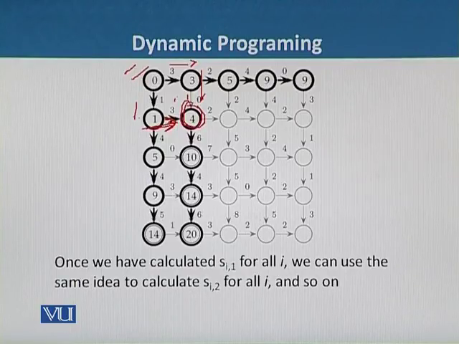So from this point, we can calculate all the values of the grid present in this path. For example, if we consider Si1, we can calculate all the values for i. If we start from this point 11, we can calculate the value for i1.